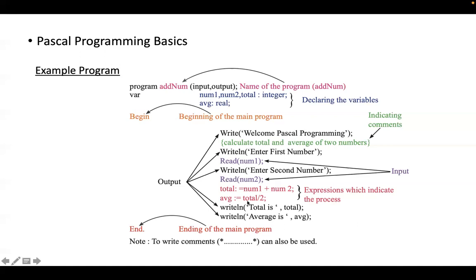And in this area, we are doing an expression, storing some data into this total variable. The expression adds the data inside the num1 variable and the data inside the num2 variable. Then the added data will be stored inside this total variable.